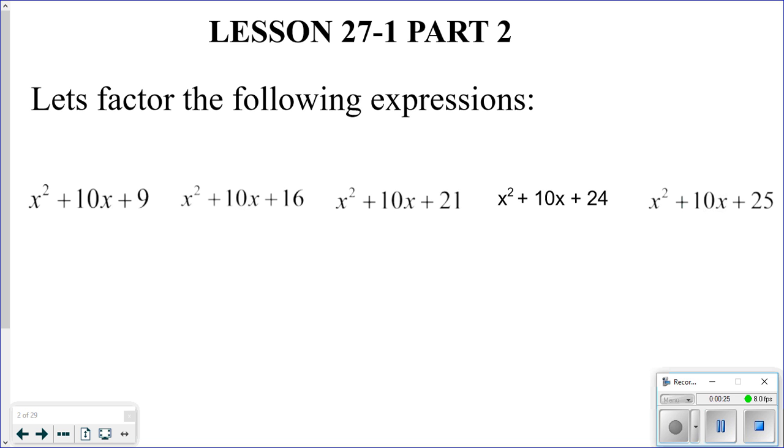Remember, we are multiplying to get our constant term and adding to get this middle x term. Use a T-chart if that helps you. Multiply to get 9, add to get 10.